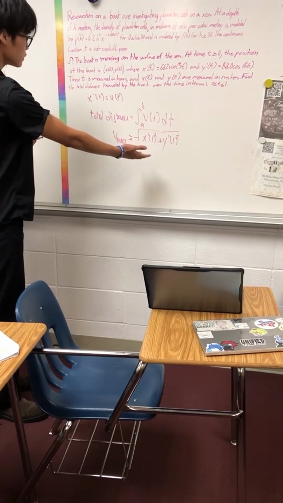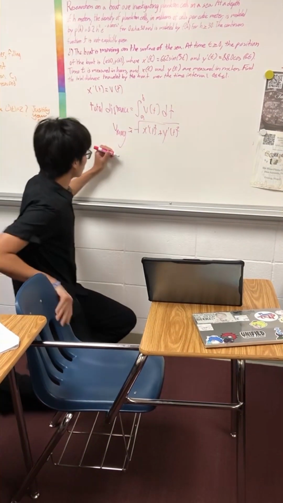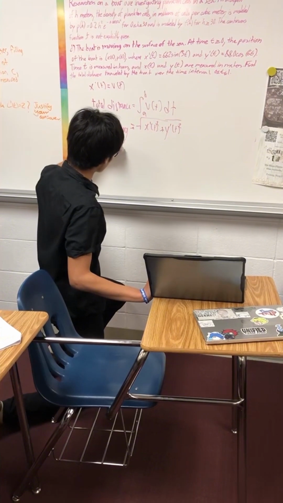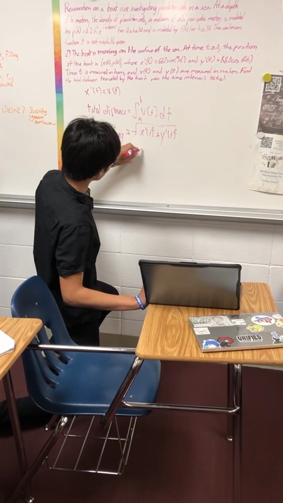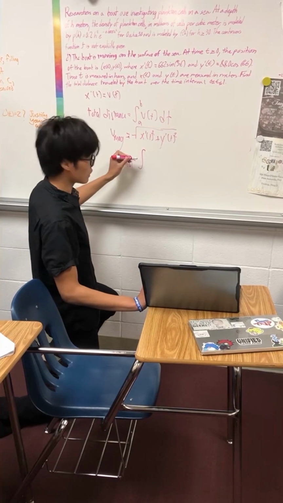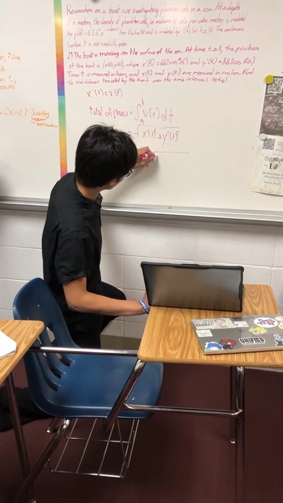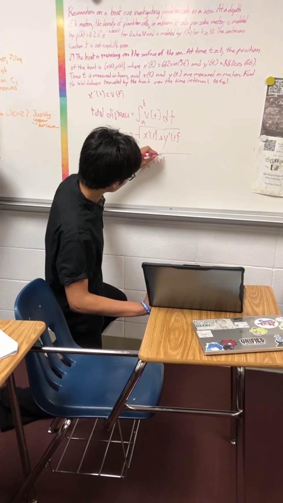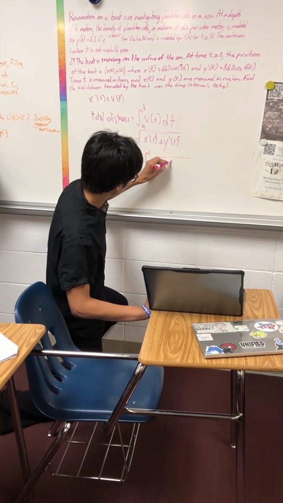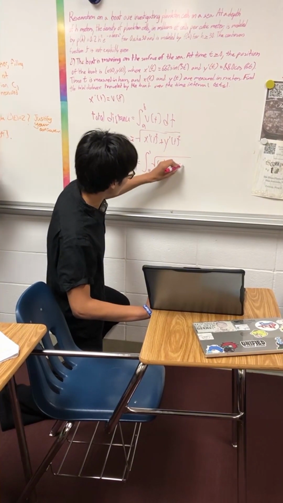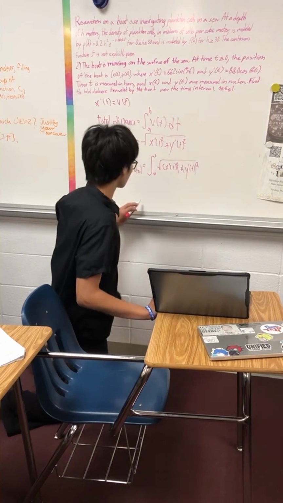Given our data, now we can plug it in from 0 to 1. So our distance traveled equals the integral from 0 to 1 of the square root of x prime of t squared plus y prime of t squared.